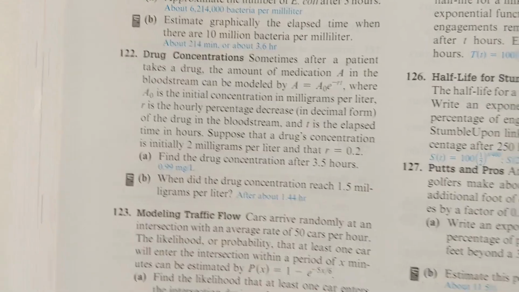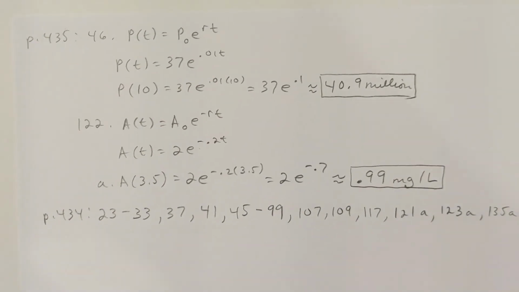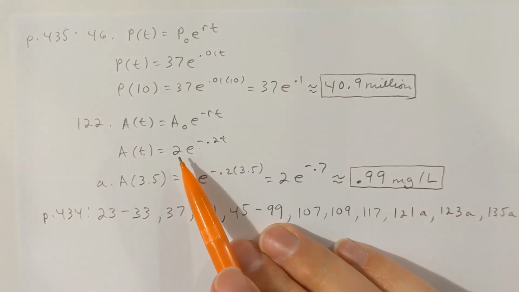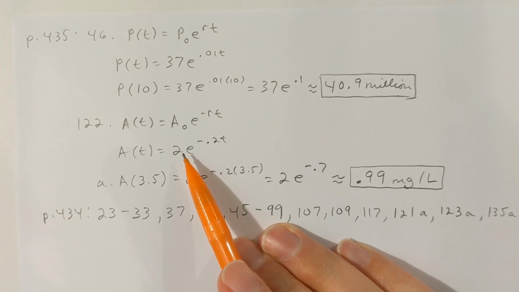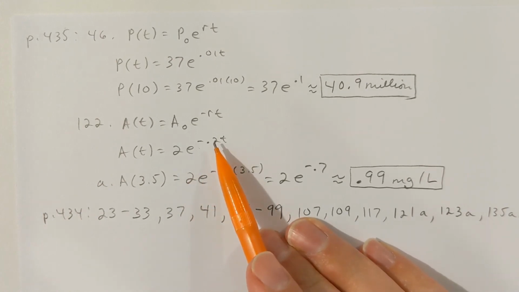Okay, so I've got this set up here. Here's the equation, or the function that was given to us. They said assume that A sub 0 is 2, so a patient is injected with 2 milligrams per liter of this stuff. And of course, as time goes on, there's going to be less in the bloodstream. Okay, R is 0.2. They told us.